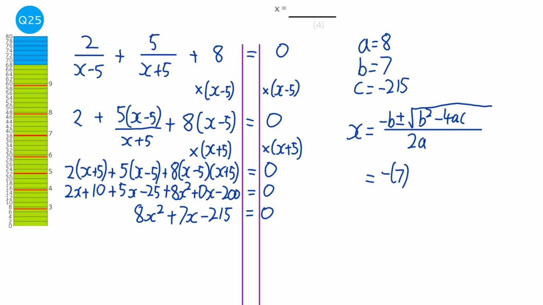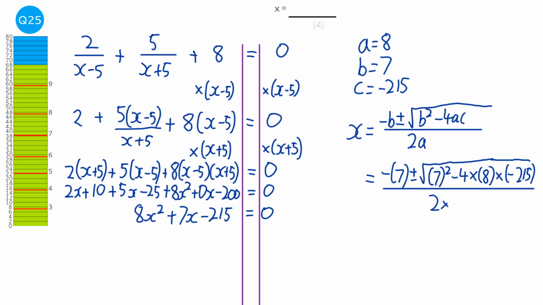Now I always put them into brackets. You don't need to when it's positive, but when it's negative it really does help. Minus 4 times a, which is 8, times c, which is minus 215. Students get into problems when they don't put them into brackets, but if you put them into brackets, you'll always be covered.